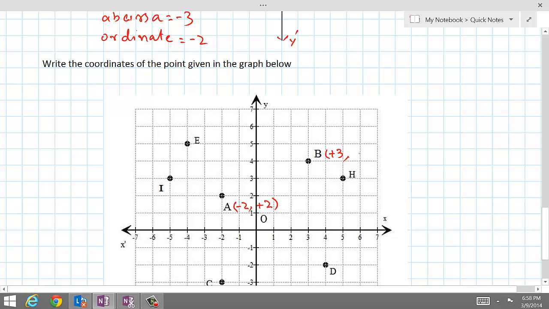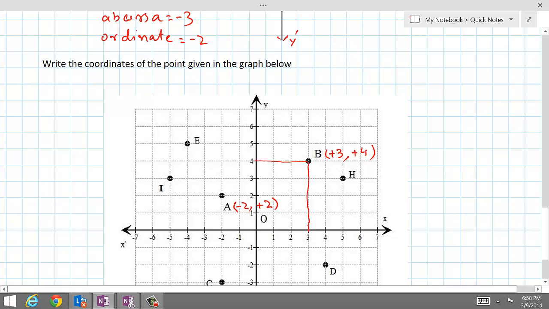The vertical distance is +4. These are the coordinates of the point B, and +3 means this distance, and +4 means this distance.